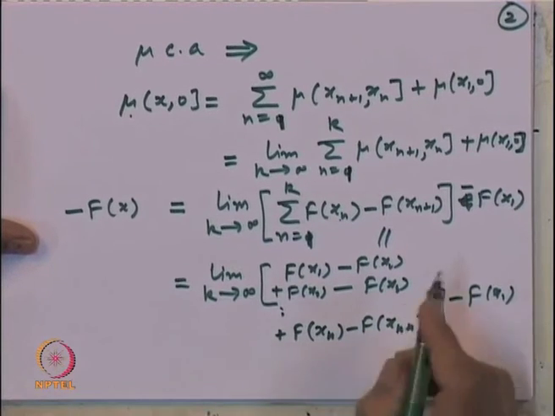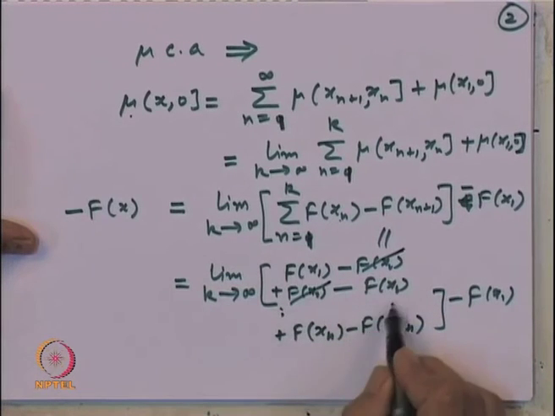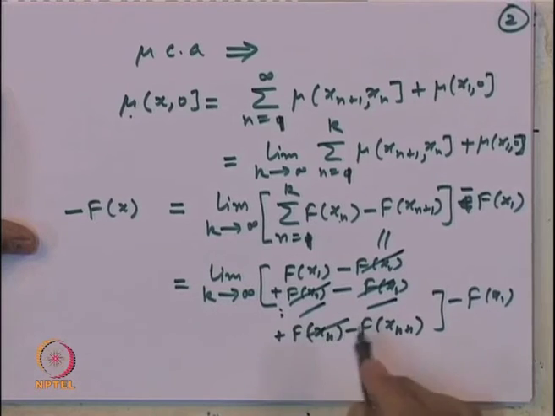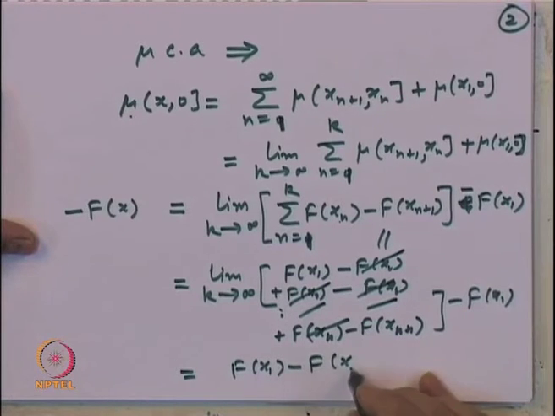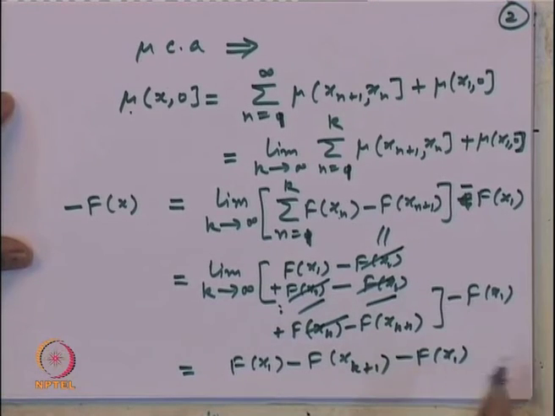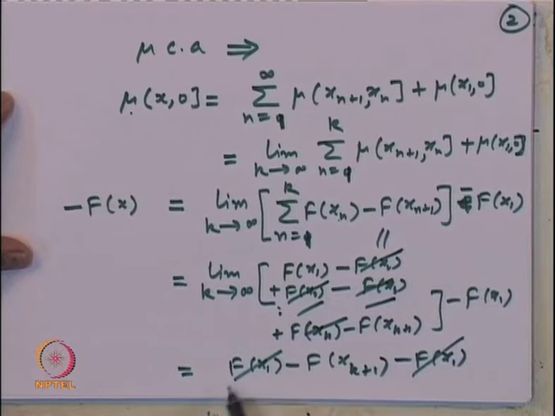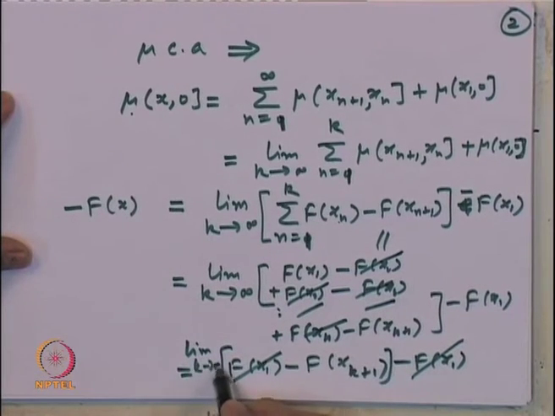Now we observe that the x_2 terms will cancel out, and what is left is f of x_1 minus f of x_{k+1} minus f of x_1. And now this cancels with this. Oh sorry, there is a limit outside, the limit of this as k going to infinity.